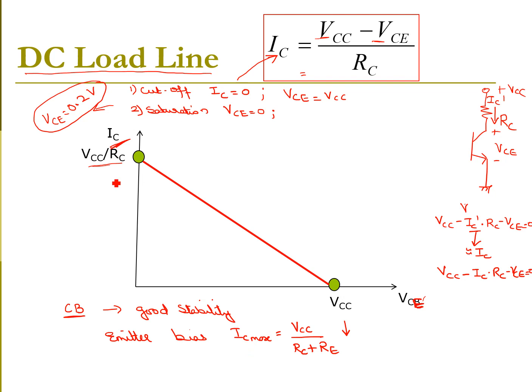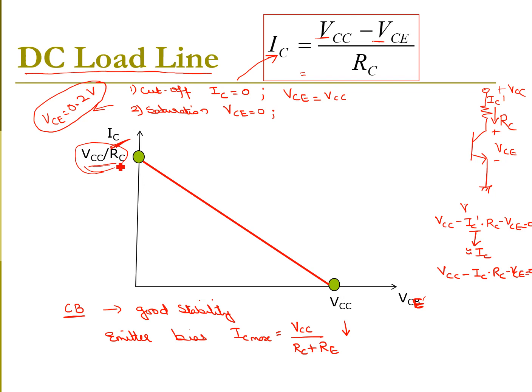So in collector to base bias, it is observed that the stability is good as well as the saturation value. This is the saturation value. The IC max value of the circuit is higher. So it will saturate a little late. So cutoff is the same, but the saturation level, the maximum current which can flow in the circuit, is greater than the emitter bias circuit.